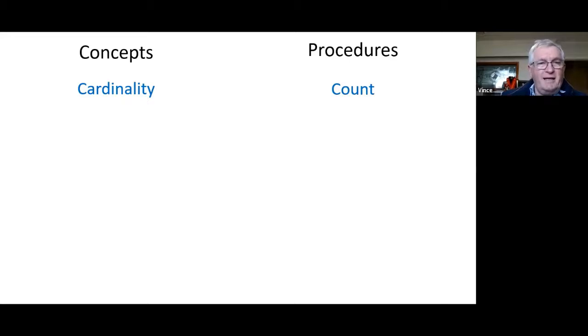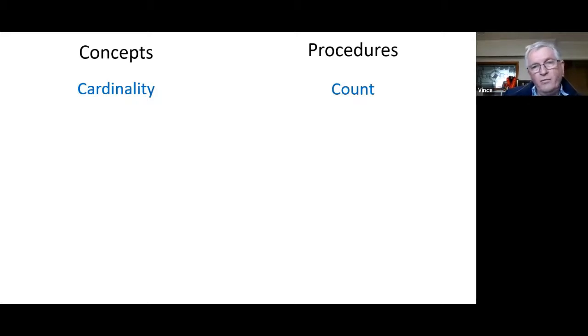It's understanding that a count actually tells you something about the number of things in a set. And we have that procedure that's really important that goes alongside that, and that's actually being able to count forwards and backwards, name the number after, all that sort of thing. So there's a whole bunch of procedures associated with understanding cardinality.